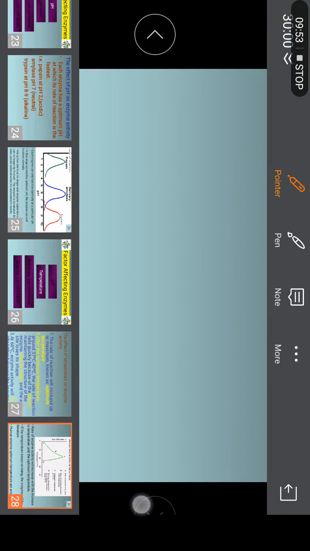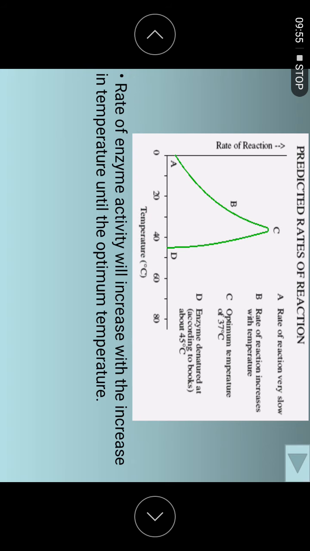So next one we see. Yes, this is the one. The graph. If you have a lower temperature, 0, the reaction will be very low. The shape is still there, but it doesn't work fast. Maybe it's a bit of the movement, the kinetics of the substrate and the enzyme. But it still has that enzyme there.